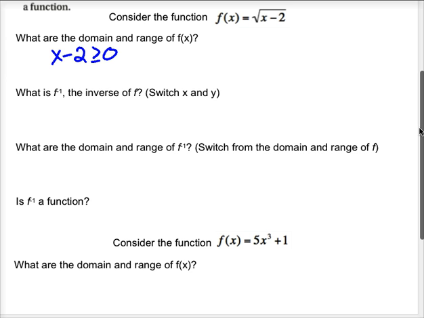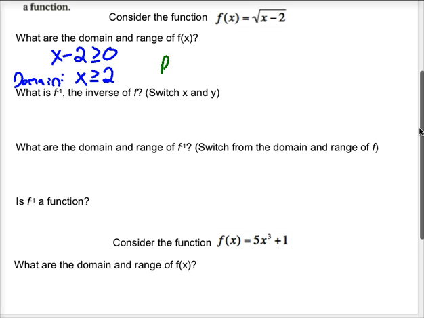That is restricting our domain. So what ends up happening is you can only use x values that are greater than or equal to 2. So that's going to represent our domain in this case. X values that are greater than or equal to 2, because you can't take the square root of a negative number.